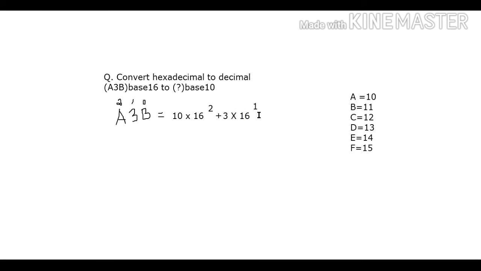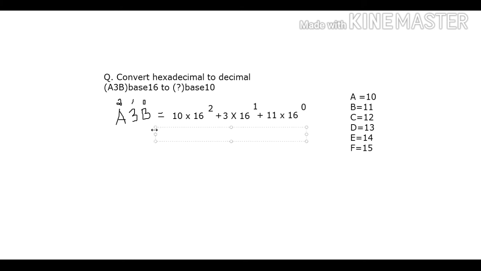Then again plus, B means 11, so 11 into 16 to the power 0. Okay, so now we have to do the calculation.